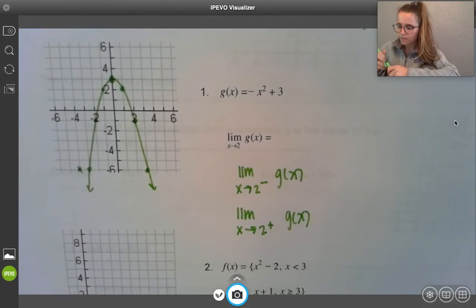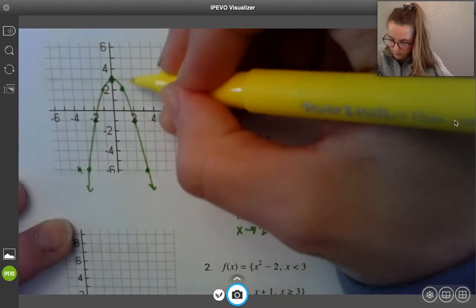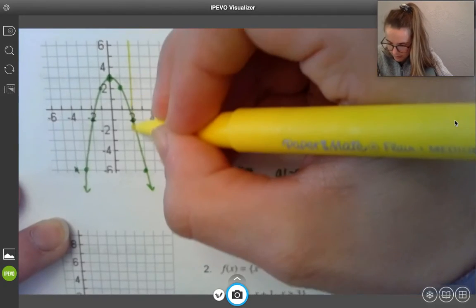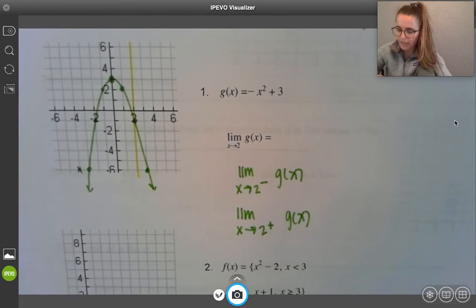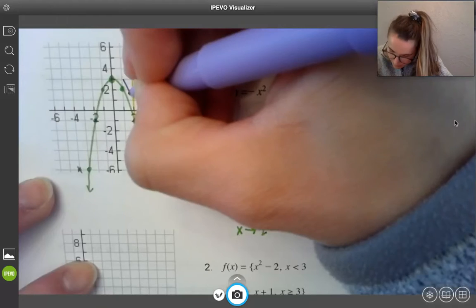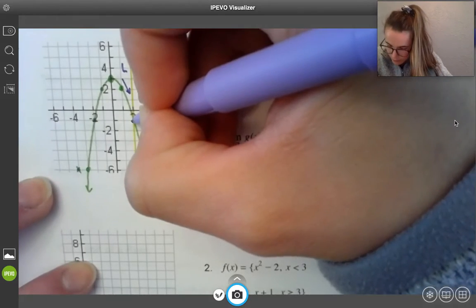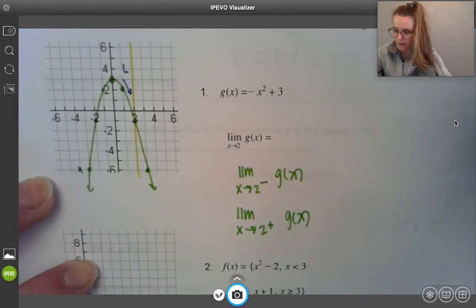Here's 2, right here, this line. That yellow kind of came in handy. From the left, coming in, it's approaching -1.